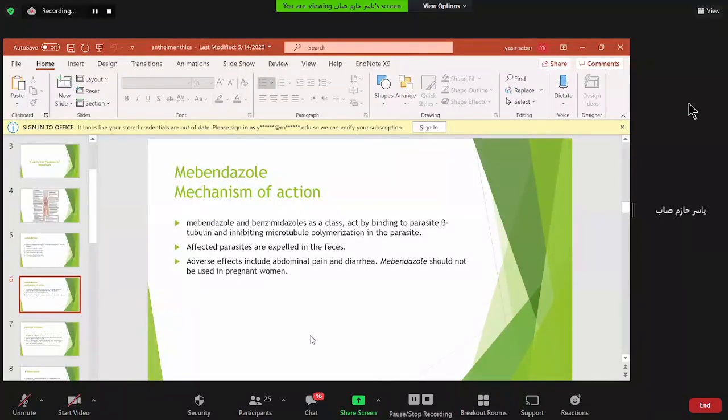The affected parasites are expelled in the feces; when paralysis occurs, the worm can pass out through defecation. The adverse effects can include abdominal pain and diarrhea. Mebendazole should not be used in pregnant women because it can cause teratogenicity.